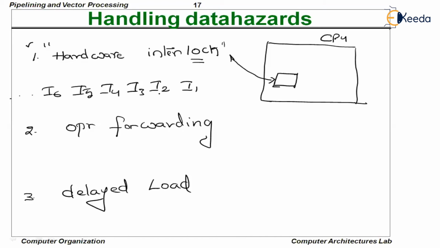If there is no dependency, I2 can be sent right after I1. Again, it will check for a dependency between I2 and I3. If there is no dependency, then I3 will be allowed to enter the pipe right after I2. And again, it is going to check for a dependency between I3 and I4. If there is no dependency, fine, I4 can enter.